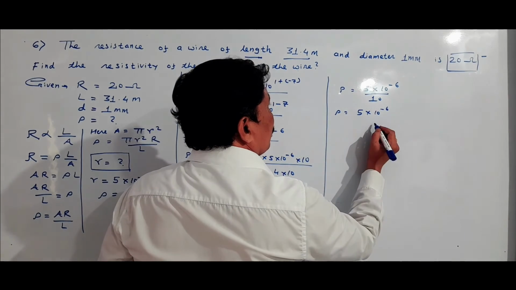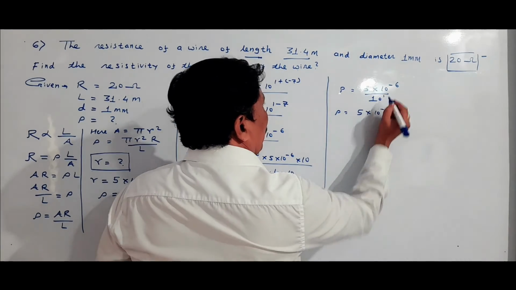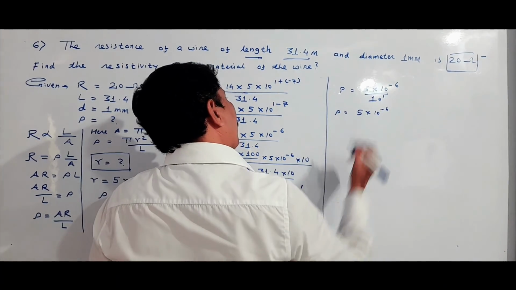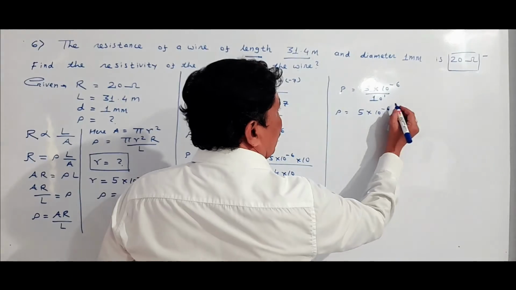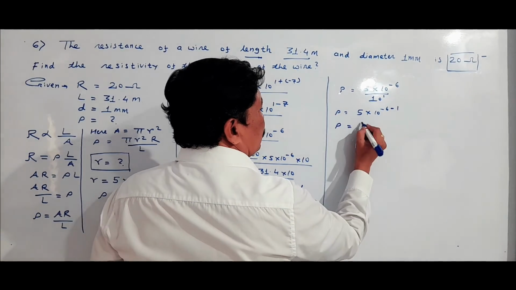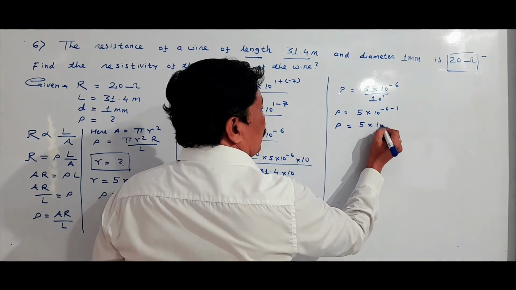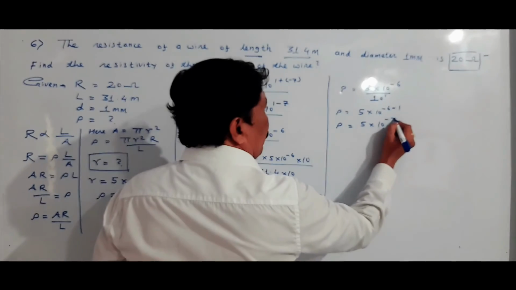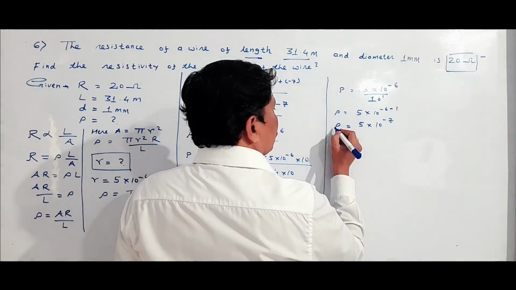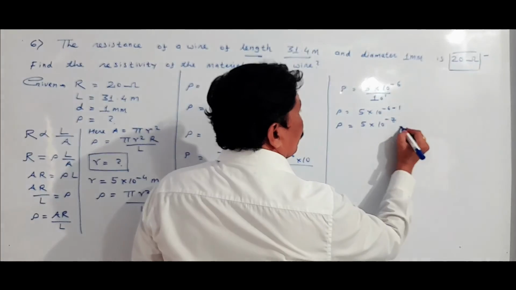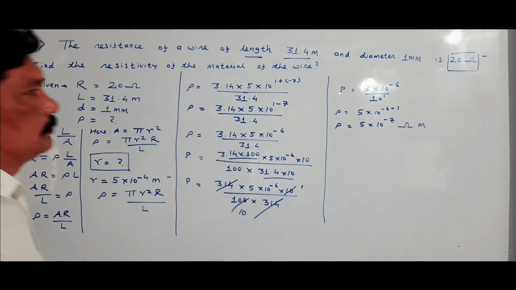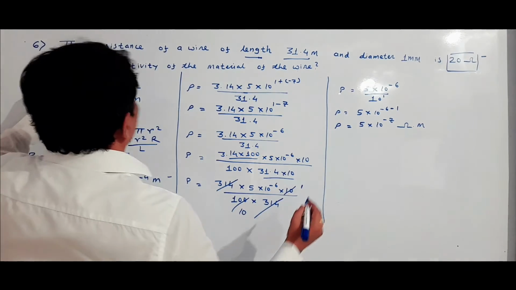So resistivity of a material is equal to 5 into 10 to the power minus 6. Here 10 to the power 1 in the denominator goes up and becomes minus. So resistivity of a material is equal to 5 into 10 to the power minus 7 ohm meter.